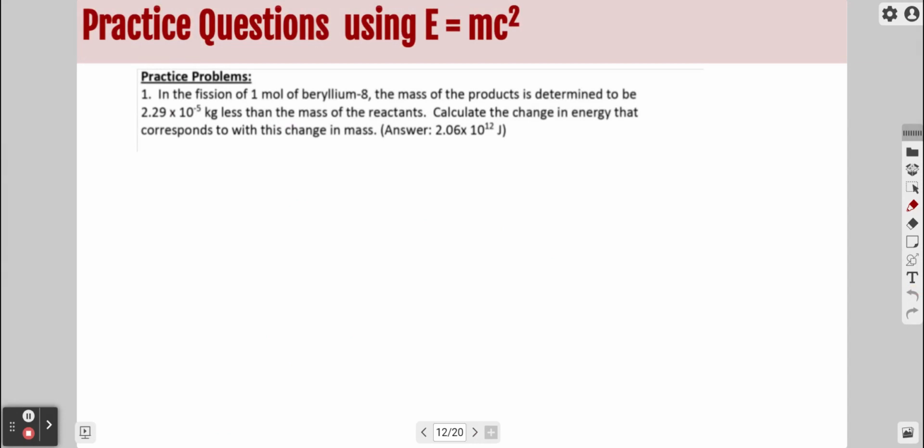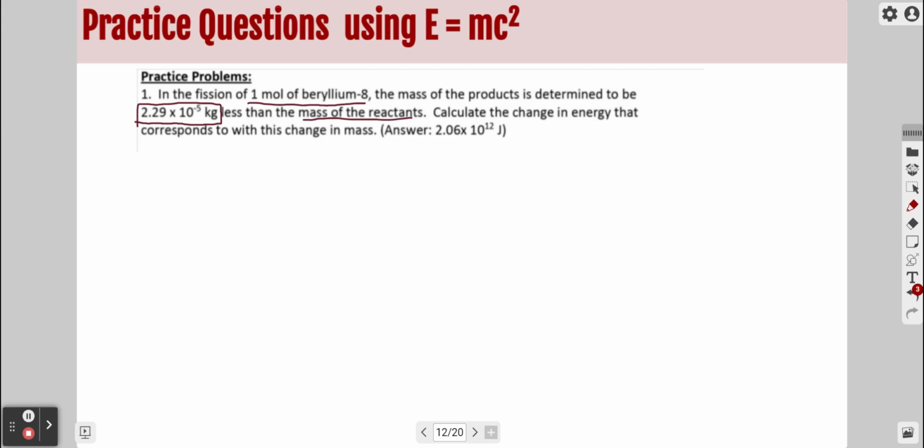All right, so here's an example question. In the fission of 1 mole of beryllium-8, the mass of the products is determined to be 2.29 times 10 to the negative 5 kilograms less than the mass of the reactants. Calculate the change in energy that corresponds to this change in mass.